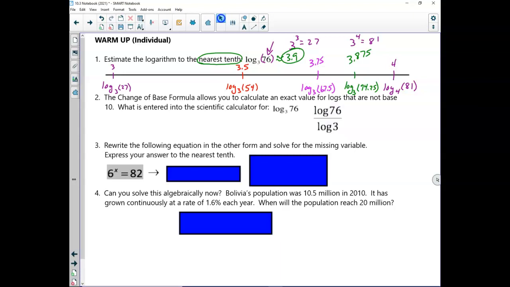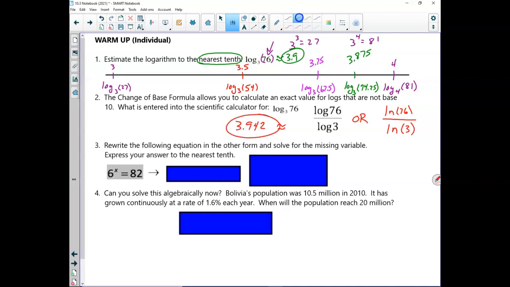Well, one way you can do it is you can use base 10: a log base 10 of 76 divided by a log base 10 of 3. Or you might want to take Kruger's lazy route and say the natural log of 76 divided by the natural log of 3, and both of those are going to give the exact same answer, which is approximately 3.942.